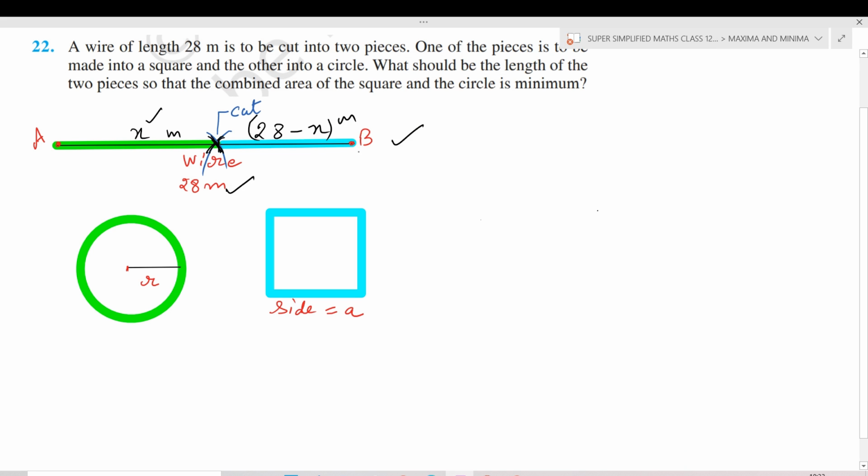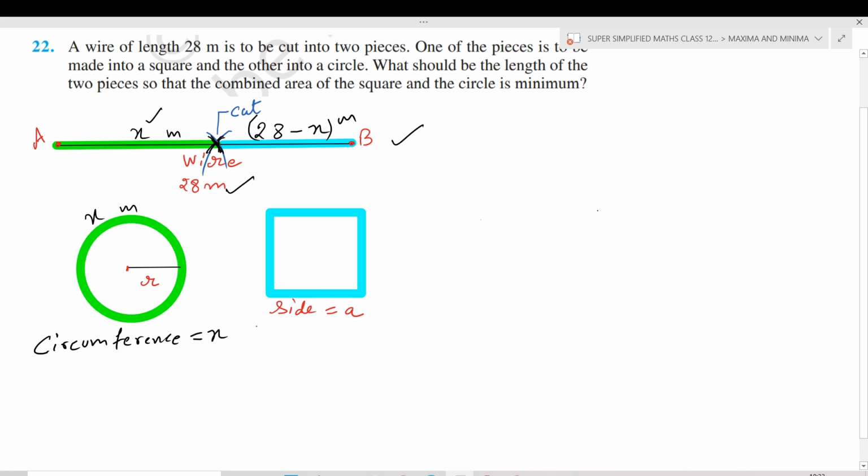Now students, since it's a wire, you can bend this wire to form different shapes. First you bend this portion which is of length x meters. That means this portion of length x meters is bent to form a circle. So the circumference of this circle is now going to be x meters.